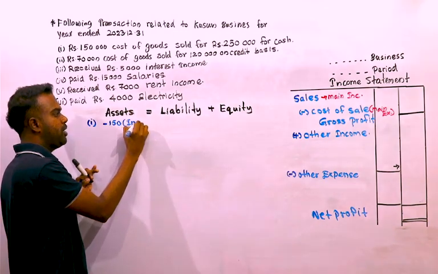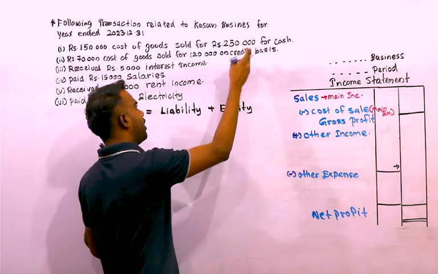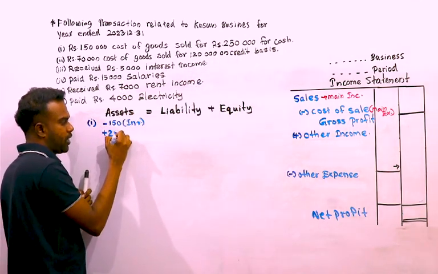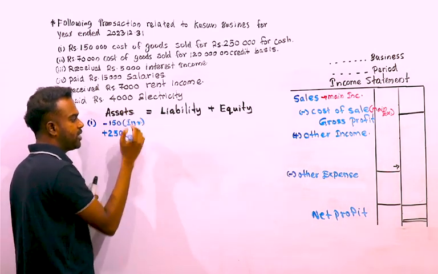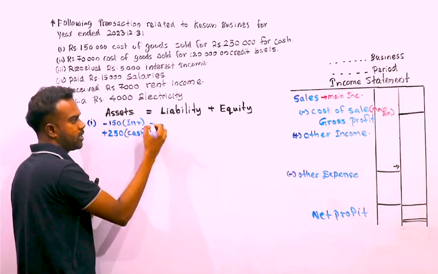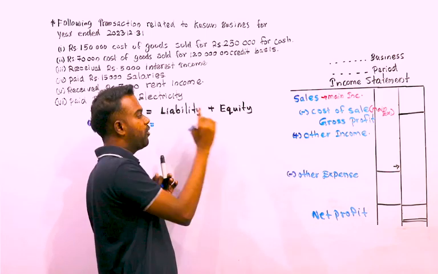Don't write anything else. But received how much? 250,000. Cash received by the business, 250. Cash increases, no? Write down the asset name, cash.